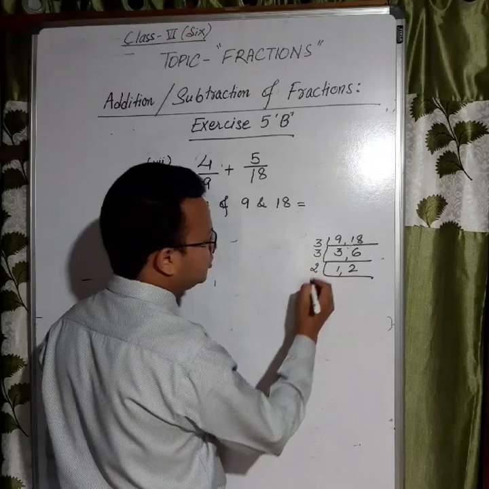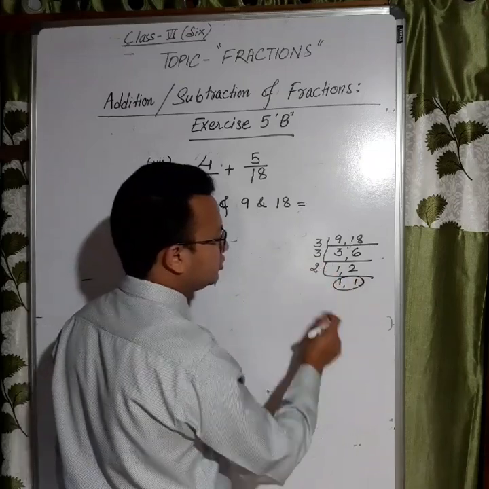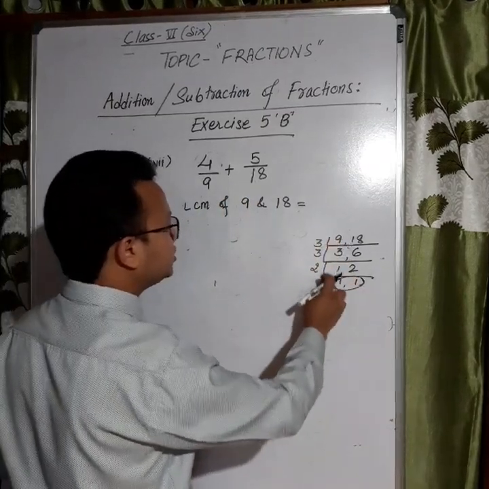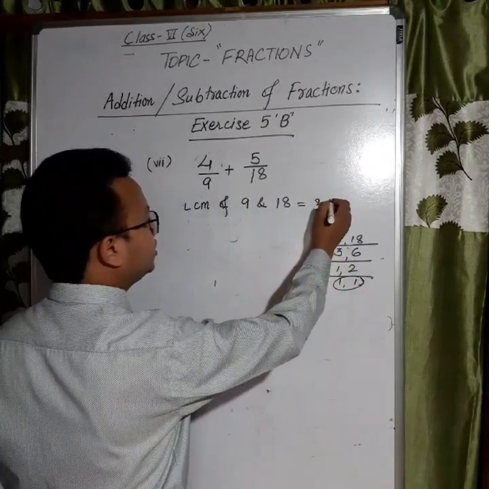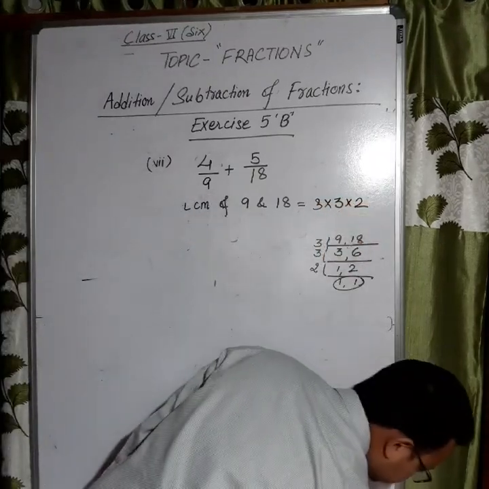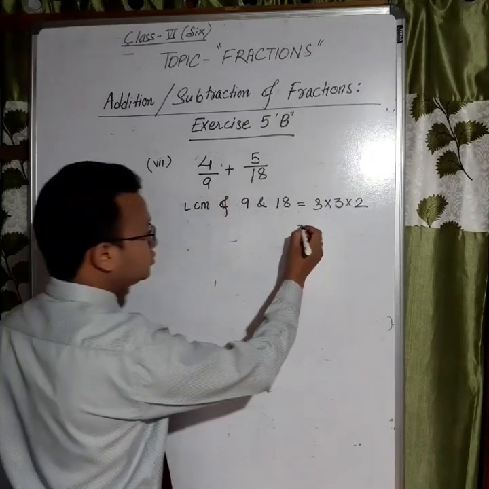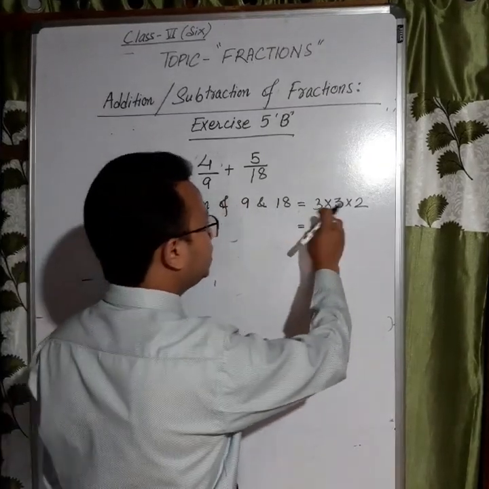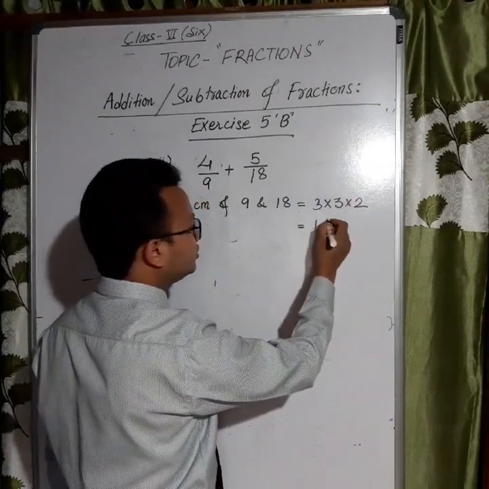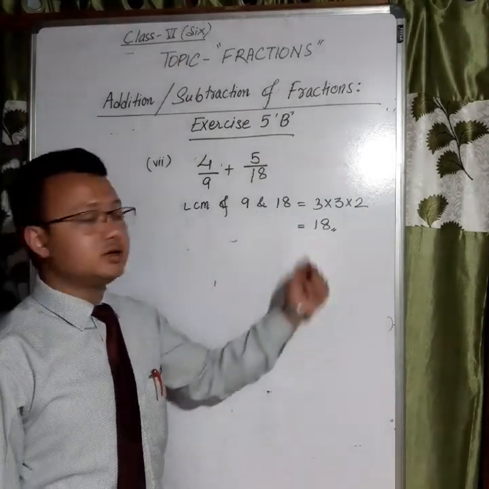So 2 can divide 2 itself. Ultimately we get 1 and 1. So now the LCM is 3 into 3 into 2. That gives you 3 3s are 9, 9 2s are 18. So our LCM is 18.